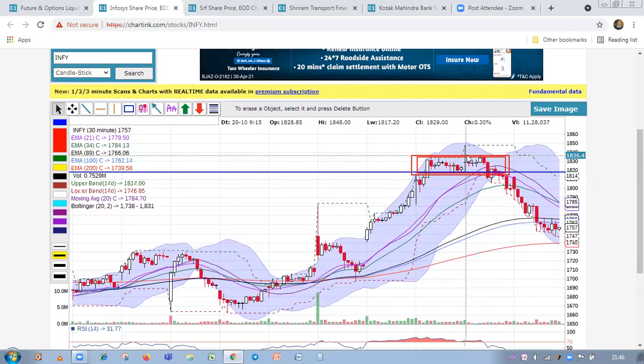On the upper side, it is the only candle above 1840, we can say. And on the downside, it was in a range. I have marked this range with a rectangle. So you can see it was a sell below 1820, or let us say 1814 or even 1810.